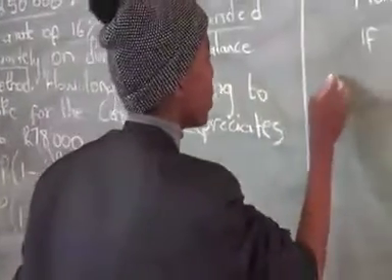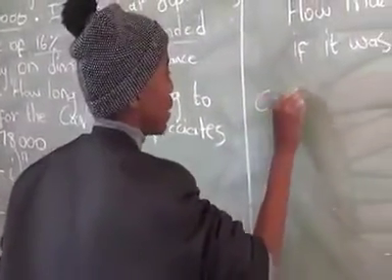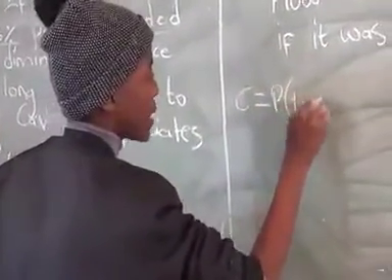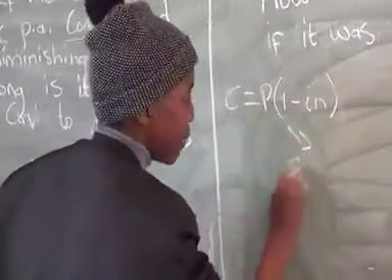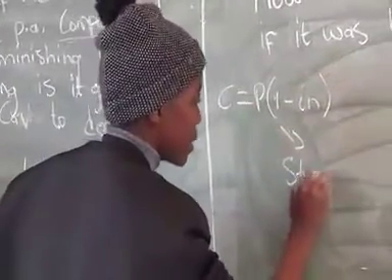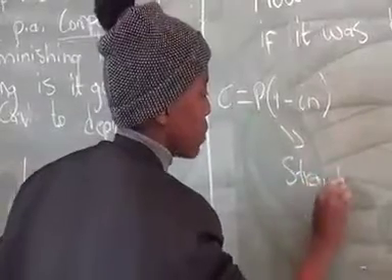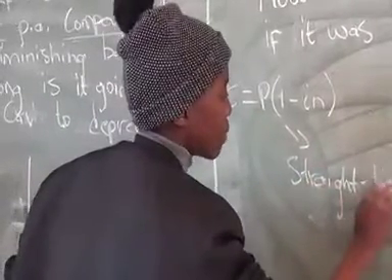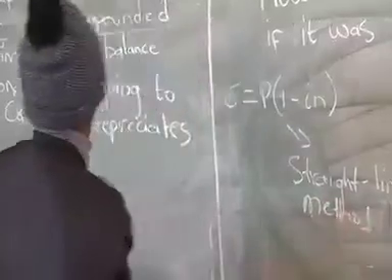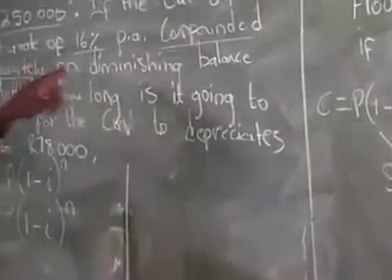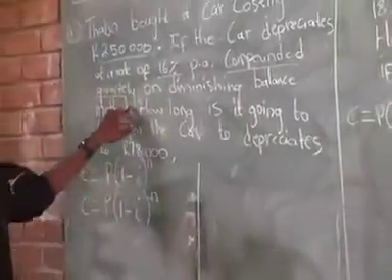It was as follows: A = P(1 - in), and this one is for the straight line method.